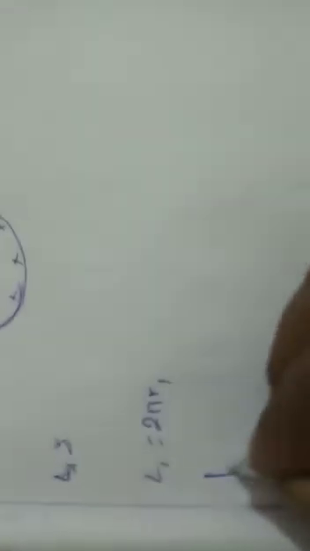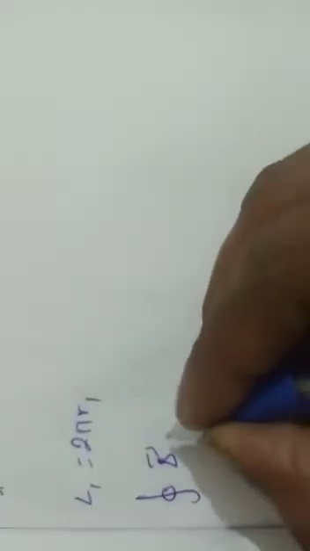From Ampere's circuital law, we can write the integral of B vector dot dl vector is equal to mu naught I enclosed. In loop 1, no current will be passing, so I enclosed will become 0.